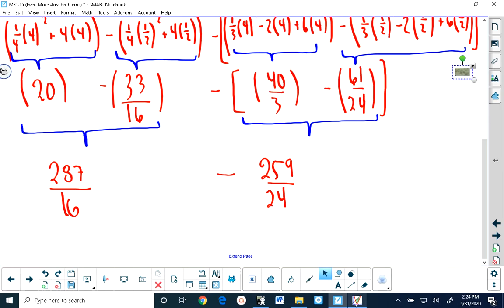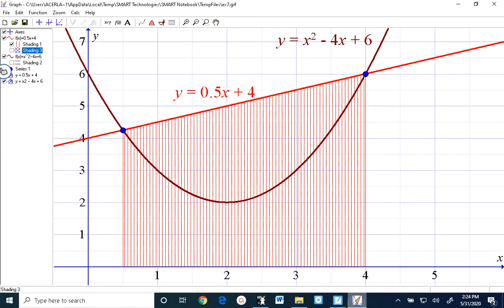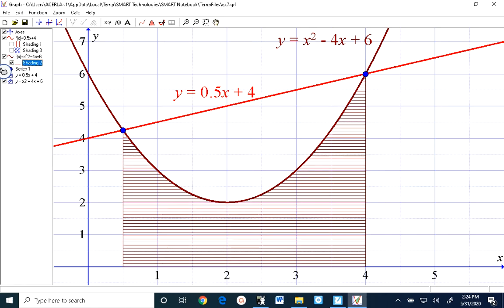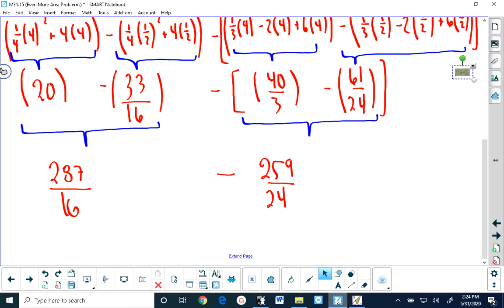Let's not forget what these numbers are. 287/16 is the area below the upper function from 1/2 to 4. It's that shaded area. On the other hand, this shaded area, which is the area below the lower function from 1/2 to 4, is 259/24.